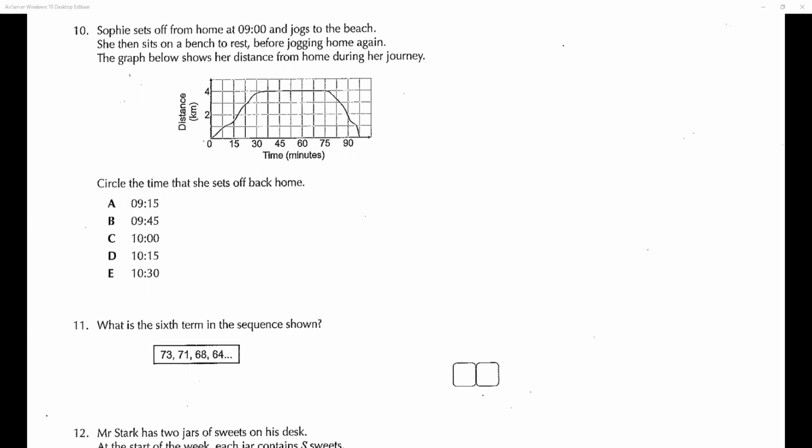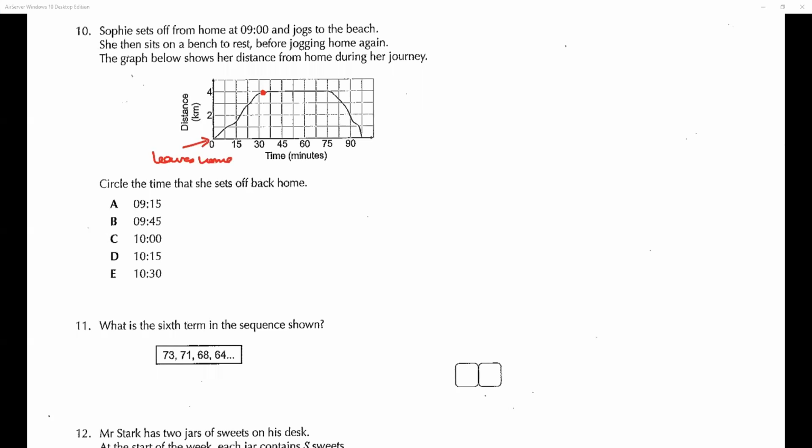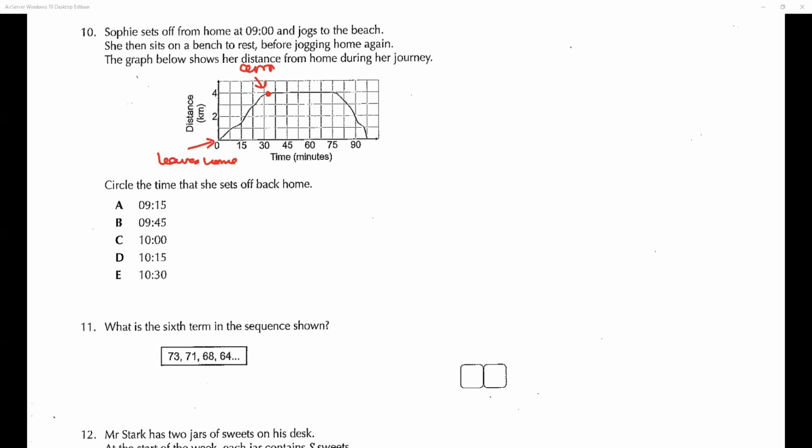Okay, so first of all, let's have a look at the key points. This is the time that she leaves home. Then this is the time that she arrives at the beach. This is the time that she returns home.